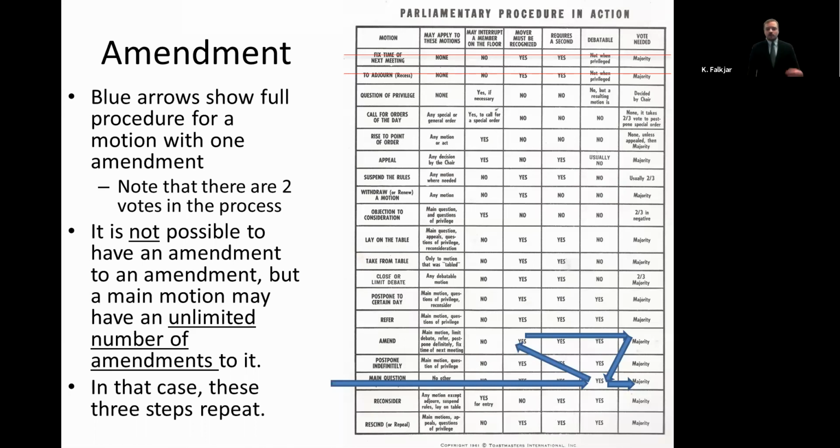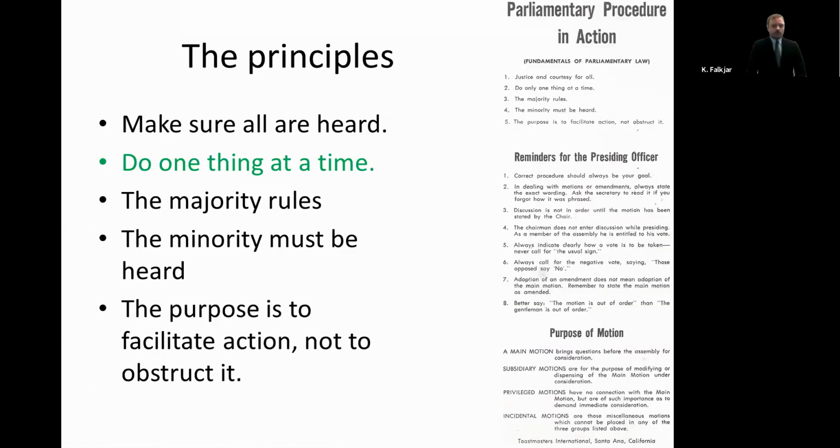It must pass with a majority, as must the motion or resultant amendments. This goes back to the principle of doing one thing at a time. Amendments must be discussed and debated in their entirety before going back to the main motion.